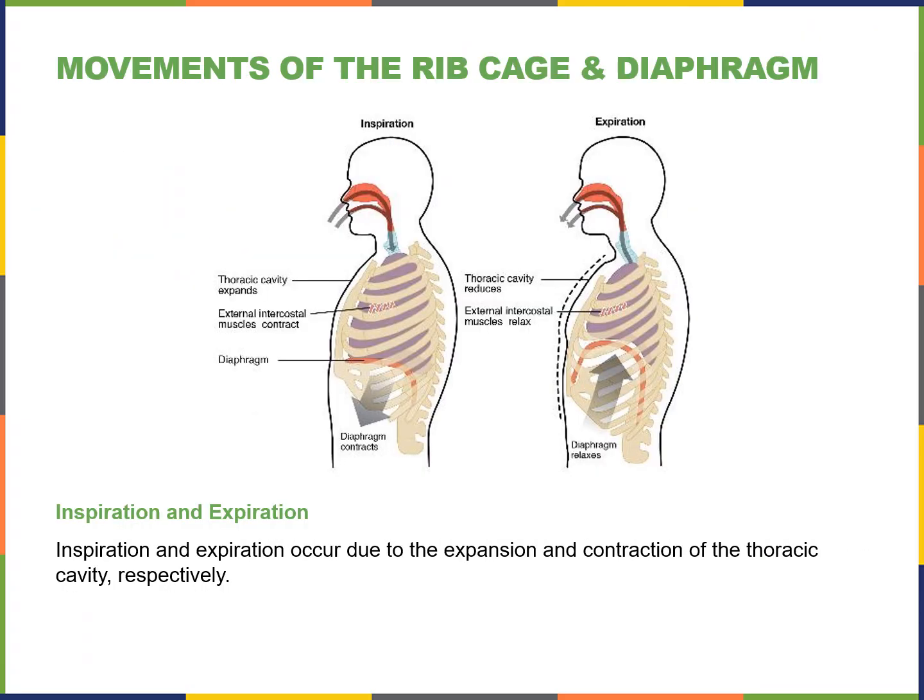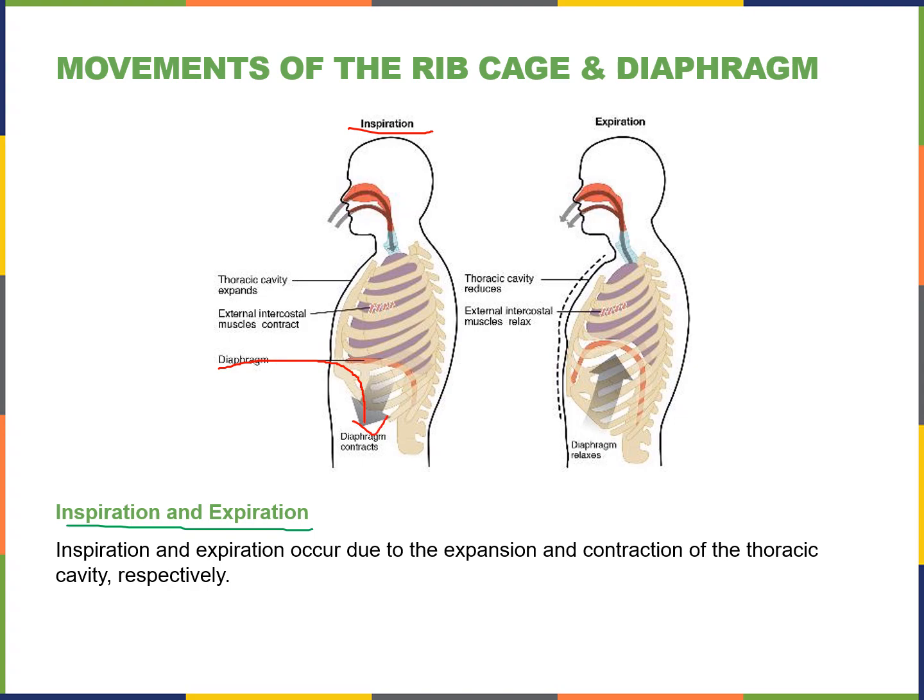Now, on this slide here, we see the terms inspiration and expiration to represent inhalation and exhalation. So in inspiration, what we have is the diaphragm moves downwards. It contracts, but it moves downwards.